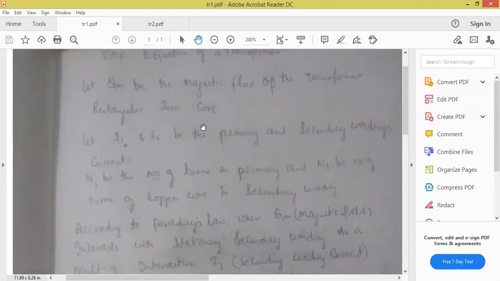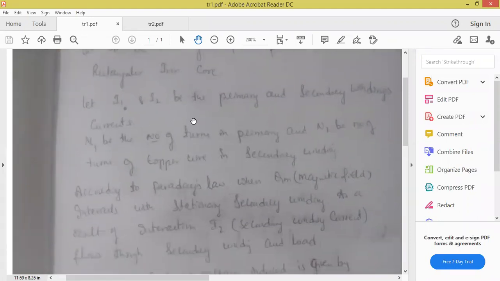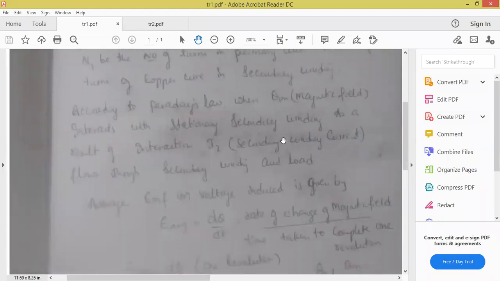I1 and I2 be the primary and secondary winding currents. These are all our assumptions. N1 be the number of turns in the primary winding and N2 be the number of turns of copper wire in the secondary winding. So from where do I start the derivation?